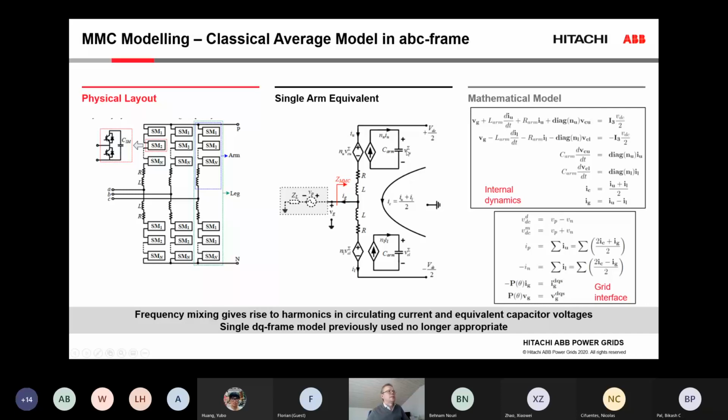This is a dynamic state in the model. So we have a derivative here before it. And the NU, this is the insertion index, which is basically the percentage of cells that is inserted. And we take this dynamic state and we multiply it with an input, so we have a nonlinear model.